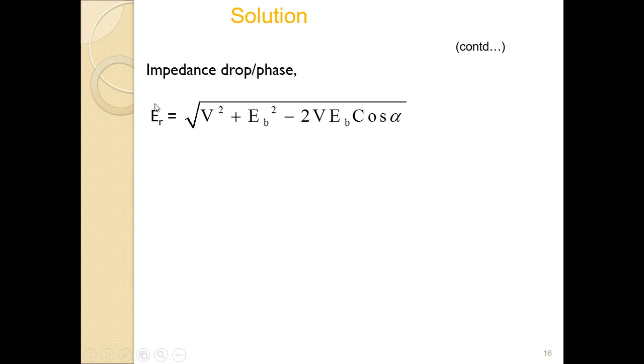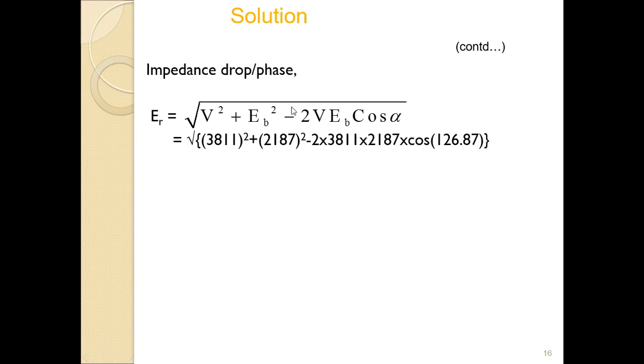We have V, and EB also we know. So we can calculate alpha, where alpha is the combination of theta plus phi.